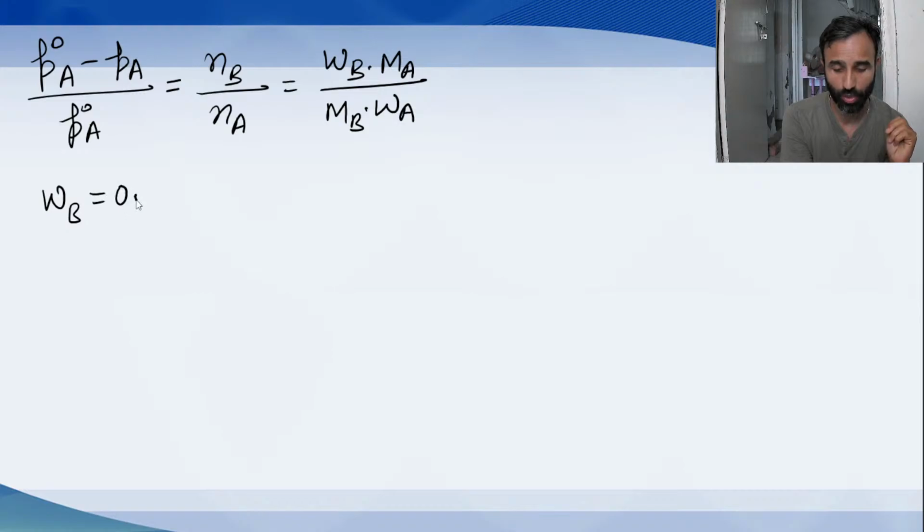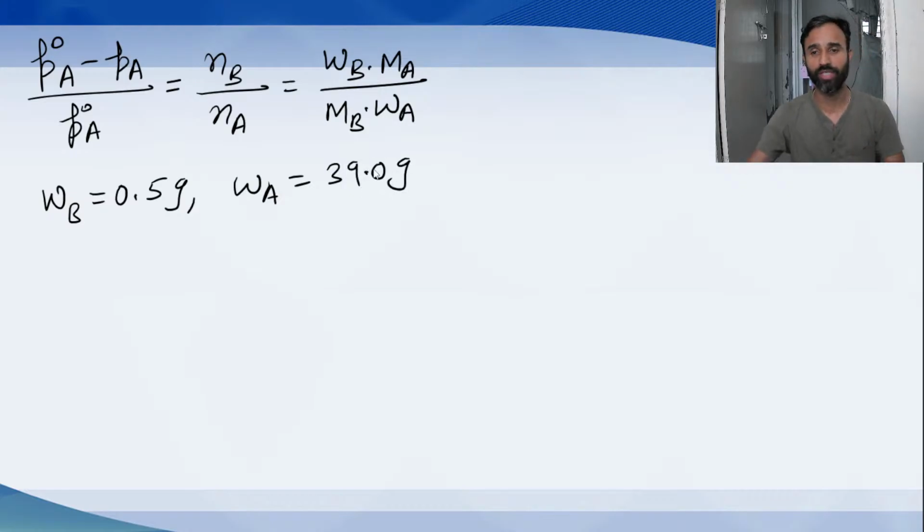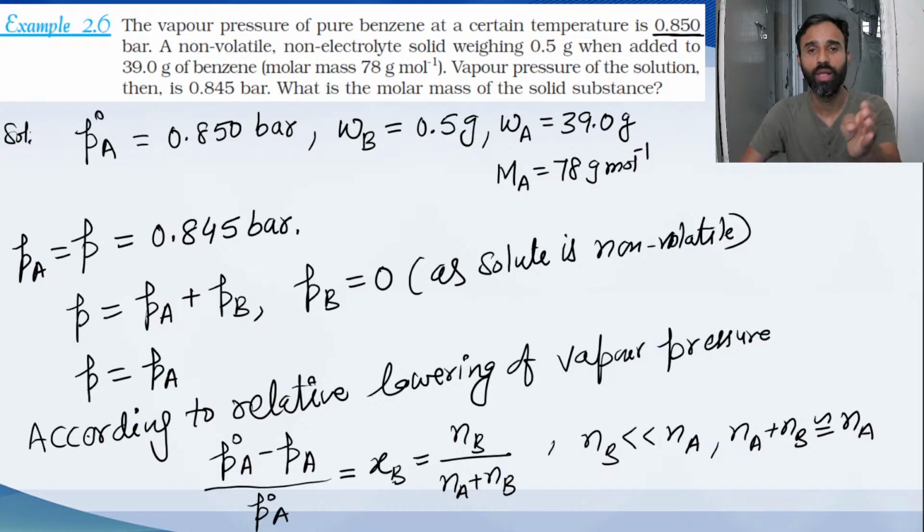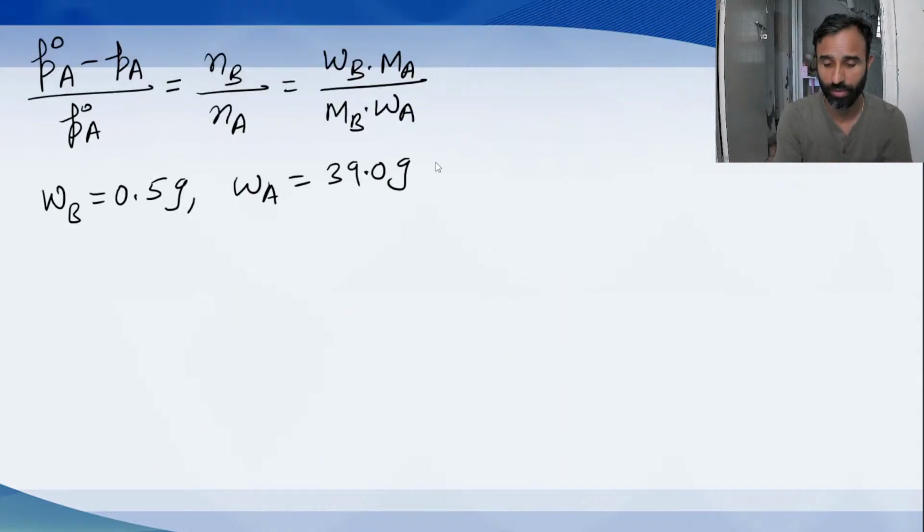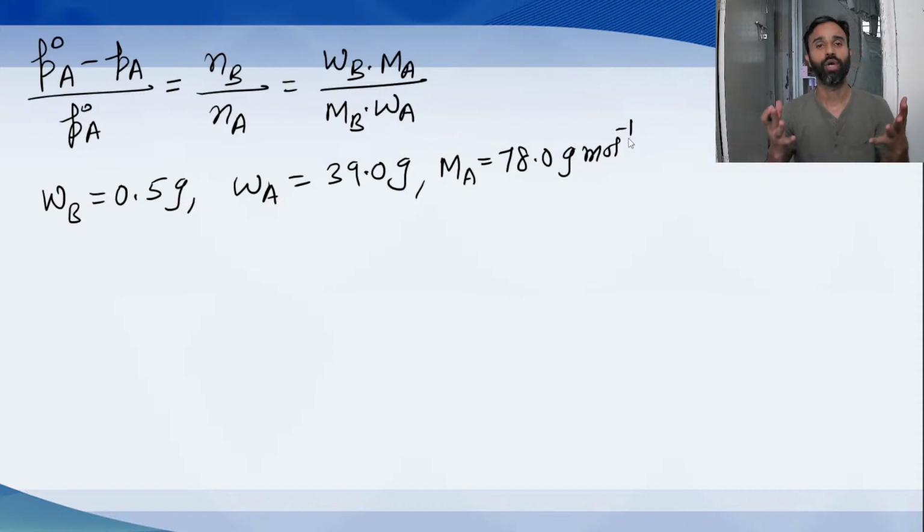WB is 0.5 gram and WA is 39 gram. That is given to us. See the question: a non-volatile, non-electrolyte solid solute weighing 0.5 gram is added to 39.0 gram of benzene. Its molar mass is also given. No need to calculate. MA is 78 gram per mole. So everything is given to us. What is left? MB, that we have to calculate.